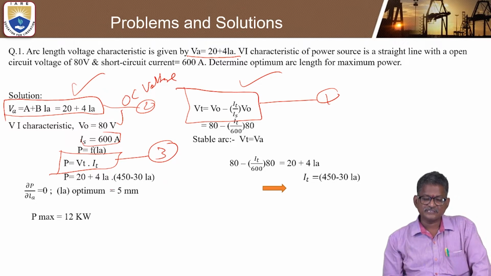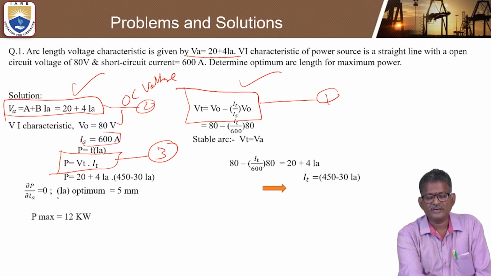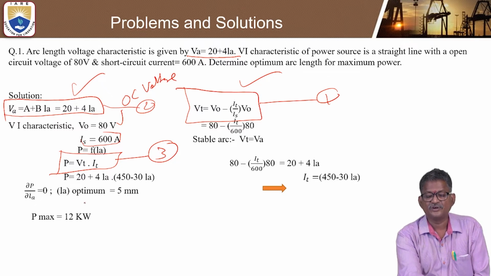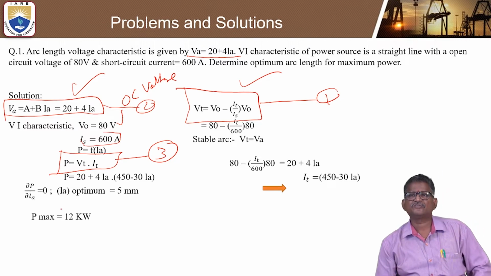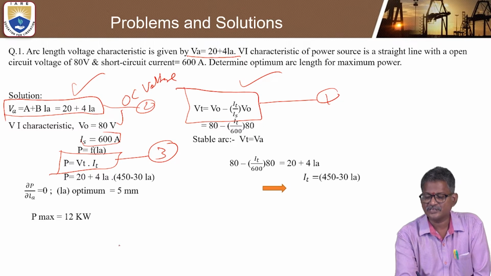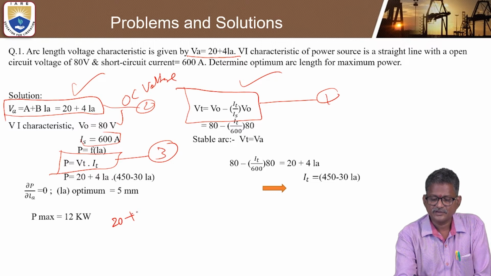Now we set dP by dLa equal to 0, and the optimum arc length is 5 mm. Let us see how you get this. You can substitute the optimum length of 5, so 20 plus 4 into 5.